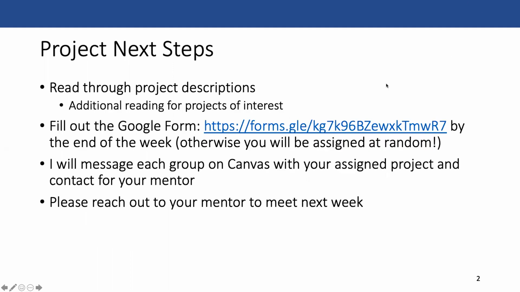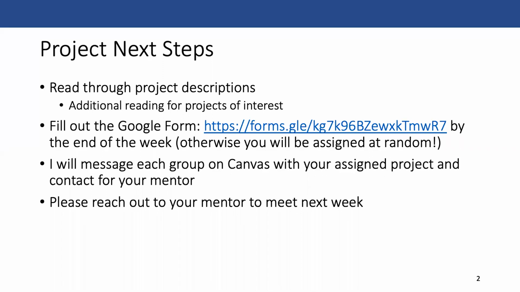So those are the types of things that you'll learn about as you read through the project descriptions. In terms of next steps, everyone will need to read through all the project descriptions, and then for any that you're particularly interested in, take some time to do some of the additional reading. There are resources attached to basically all of the project descriptions, with links to articles or papers to read.